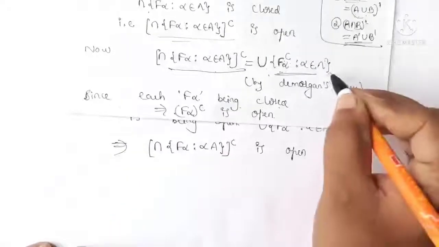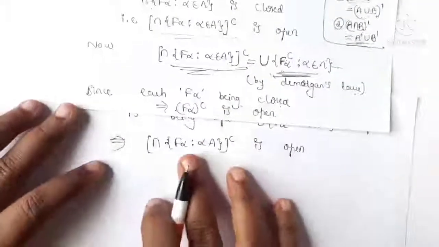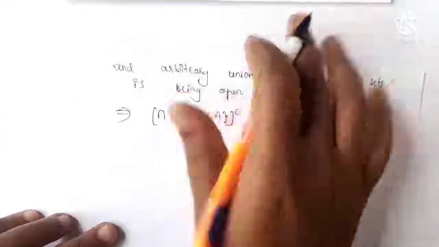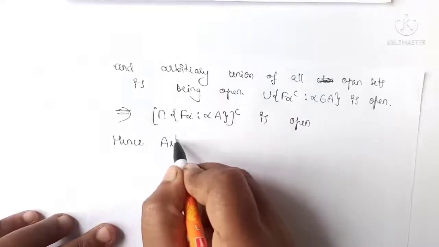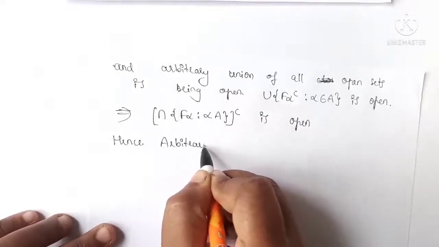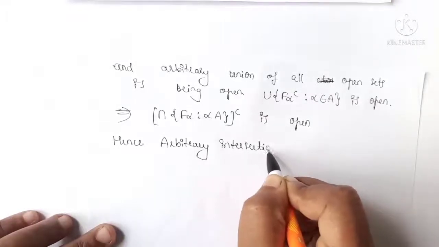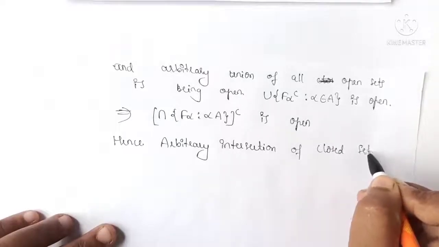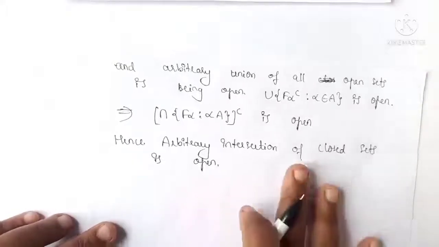Because we have proved this is open, this is open. Hence the arbitrary intersection of closed sets is closed. Okay, so this is the first one.